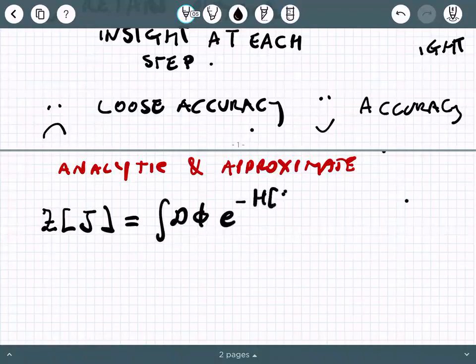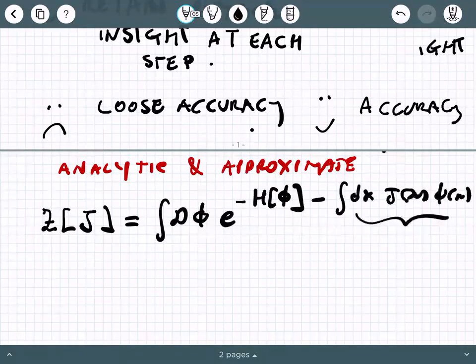H is the Hamiltonian of my theory, which I will assume does not depend on the linear coupling. Well, you might have a linear coupling with a magnetic field, in which case J becomes the magnetic field. But in general, you might have a theory that doesn't have any linear coupling to an external field. But if it doesn't, then you put it in by hand. So this may be unphysical.